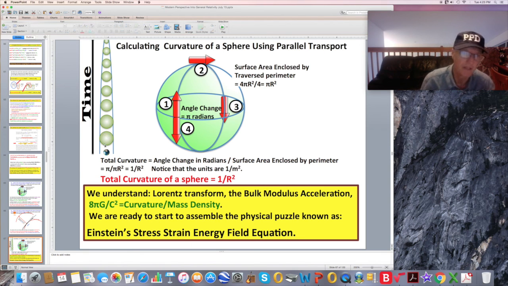We had the sphere over on the far left, the sphere of dust particles or sand, and the Earth moving through time, and we see in that direction the sphere coming together, which you can figure out as the strain acceleration. Remember, I showed the actual equivalence between stress and strain acceleration.